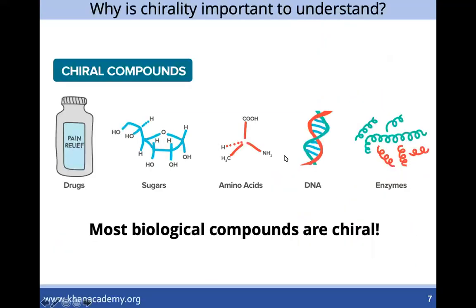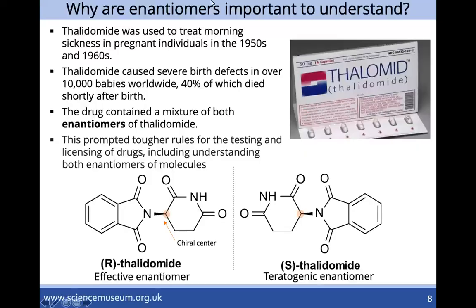Chirality is really important to understand because most biological compounds are chiral. So it's important to understand how these different enantiomers are going to react within our body, especially when we're thinking about pharmaceutical drugs. In the 1950s and 1960s, there was a big problem with thalidomide, which was a drug that was used to treat morning sickness in pregnant individuals.